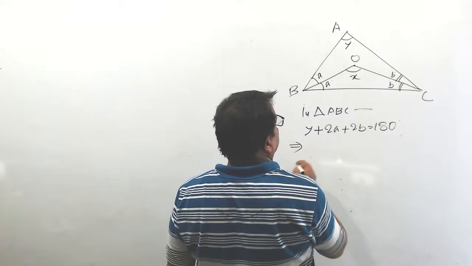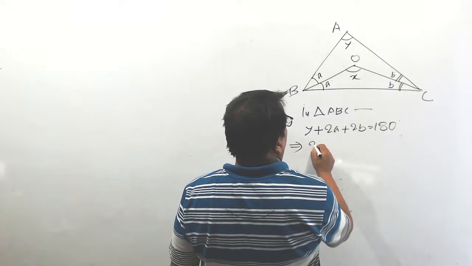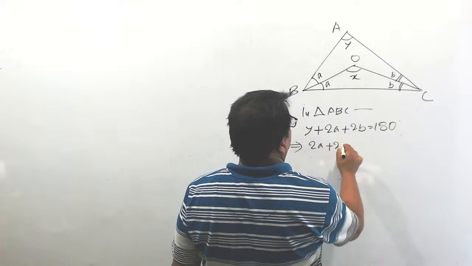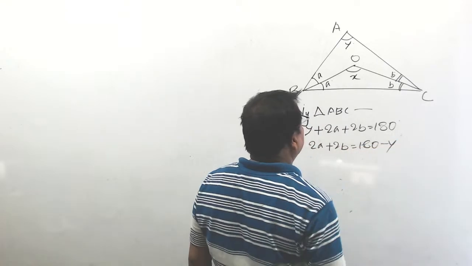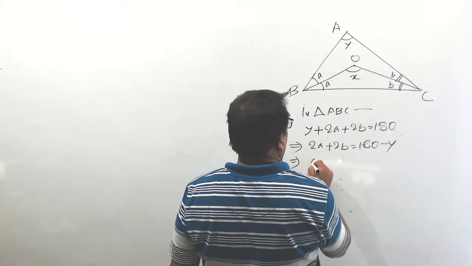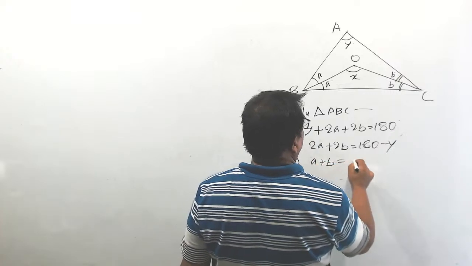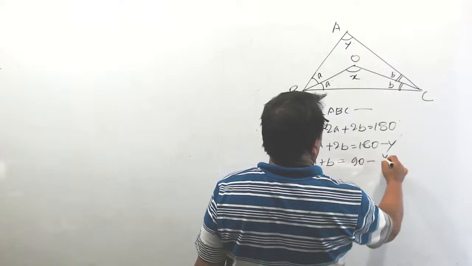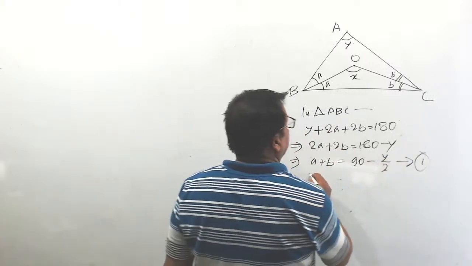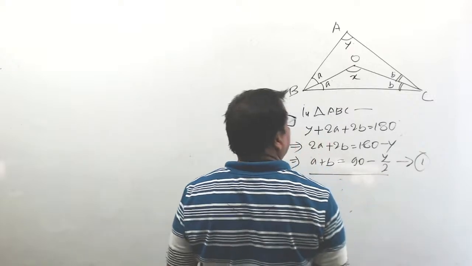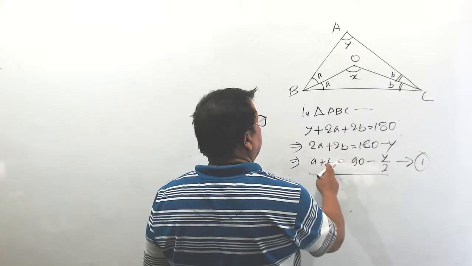This implies 2a plus 2b is equal to 180 minus y. Understood? a plus b is equal to 90 minus y by 2. Give it number 1. You got one relation between a, b and y. Okay.